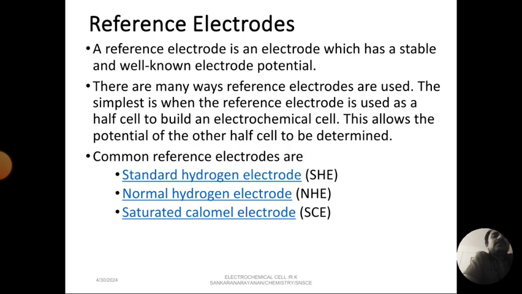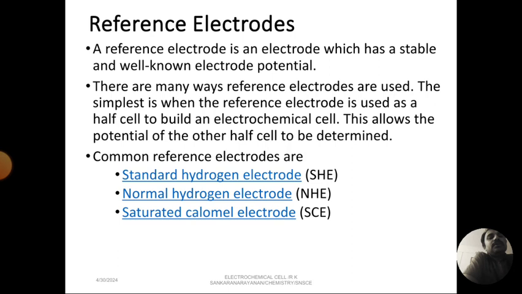And reference electrode. A reference electrode is an electrode which has a stable and well-known electrode potential. There are many ways reference electrodes are used. The simplest is using the reference electrode as a half cell to build an electrochemical cell. This allows the potential of the other half cell to be determined.